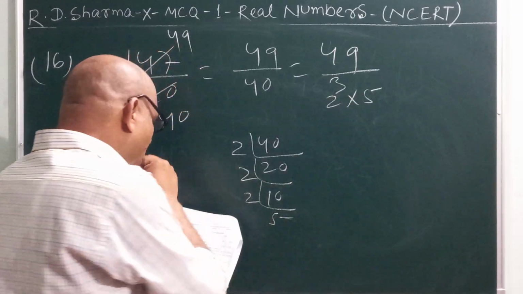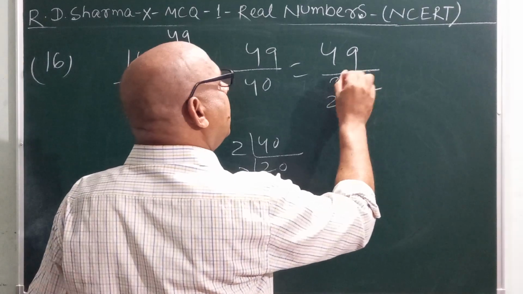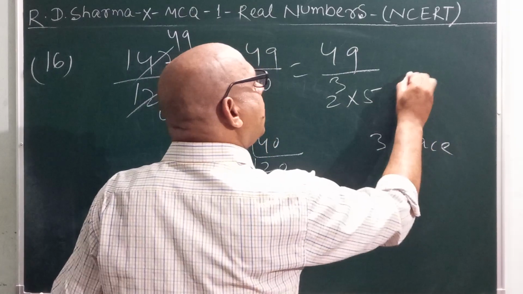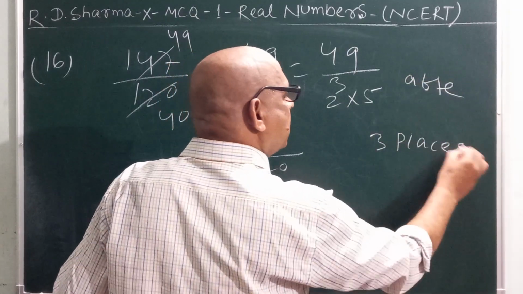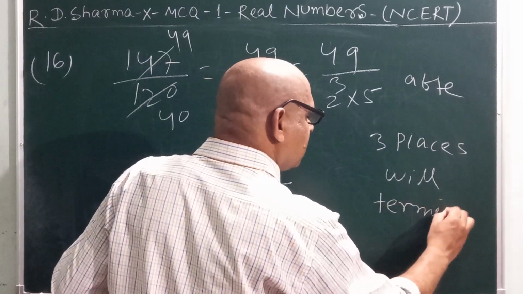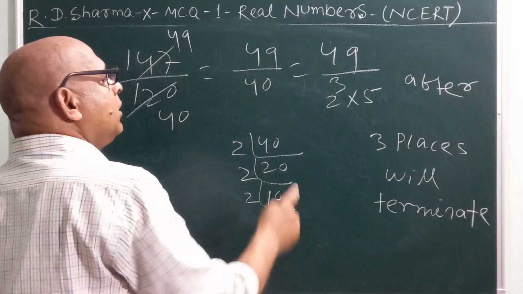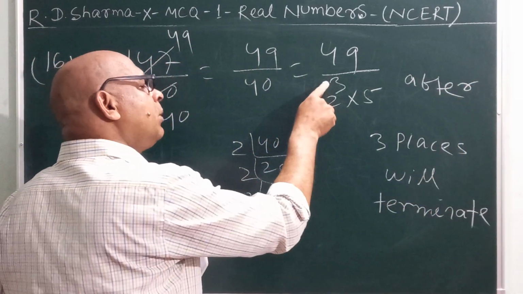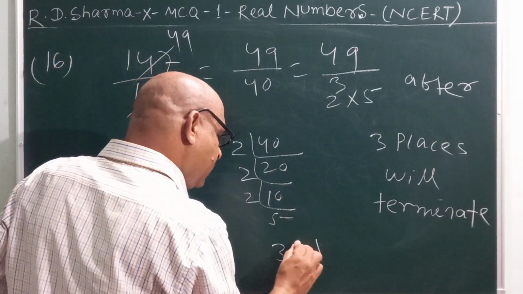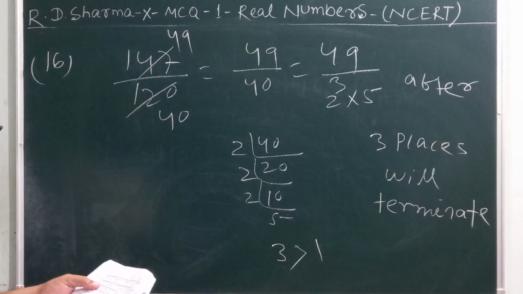It will terminate after 3 places, because the power of 2 is 3 and the power of 5 is 1. Which is greater? 3. So the answer is 3. 16, answer C.